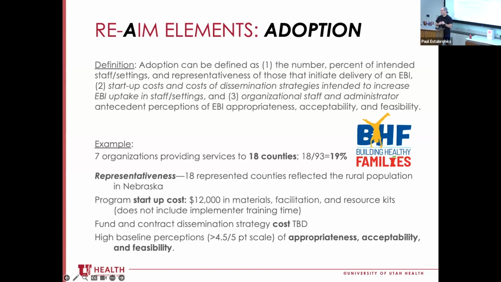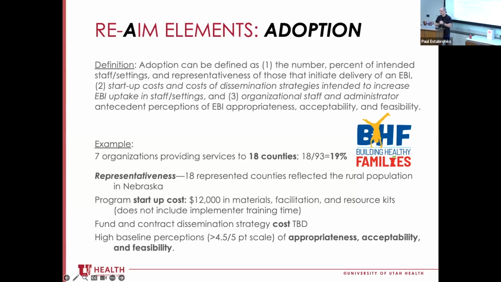And then you get to the things like the startup costs. So here, I actually have it right here on this slide. In this particular case, costed out, whether this is the real startup costs together, but the group that delivers Building Healthy Families, including myself, came up with ideas about what does it cost for all of the facilitation support as well as the materials. The startup cost for a community is about $12,000. So that's an important thing.